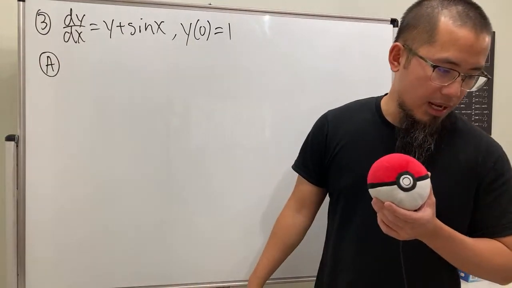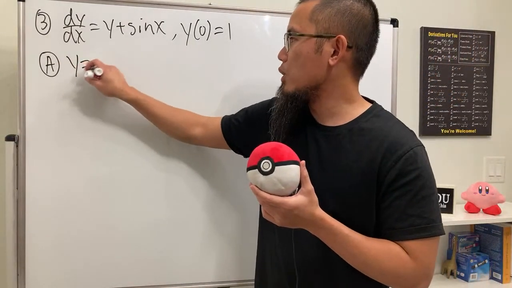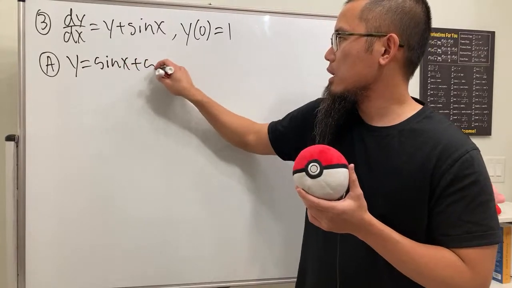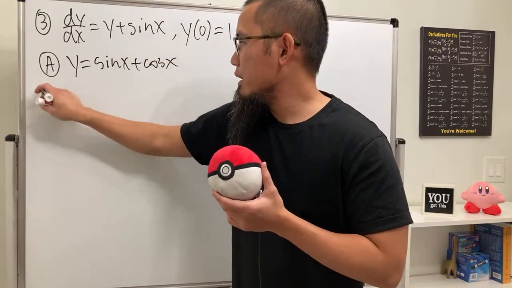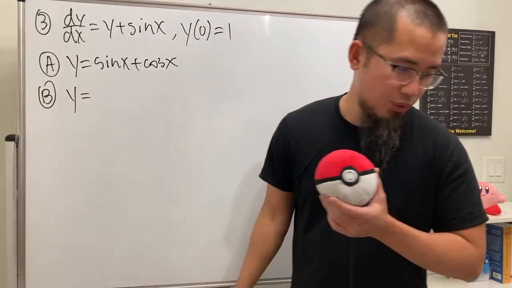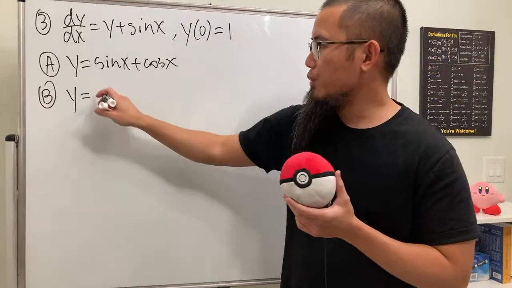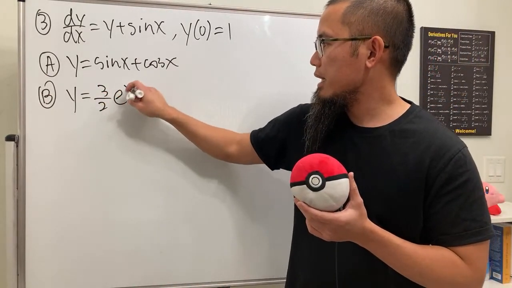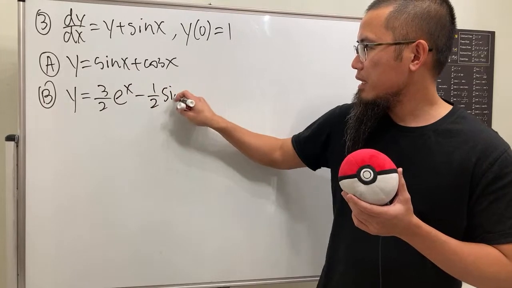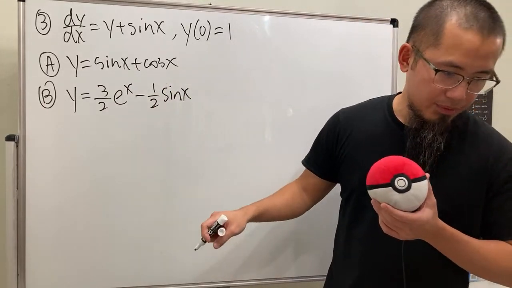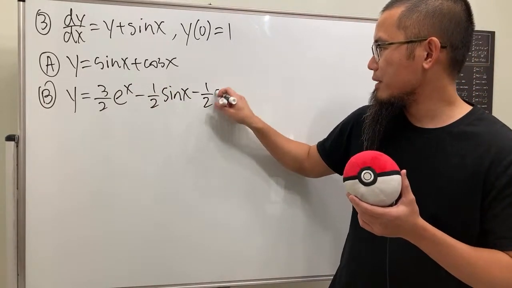The first one is y is equal to sine x plus cosine x. The next one is y equals 3 over 2 e to the x, minus 1/2 sine x, and then minus 1/2 cosine x.